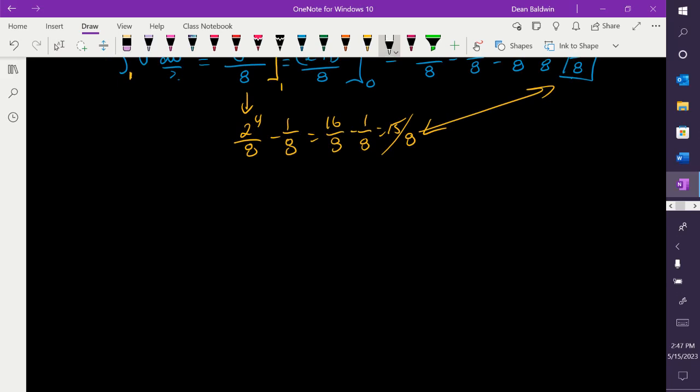This one will be a little trickier, I think. Integral from 1 to 5 of x over root 2x minus 1.